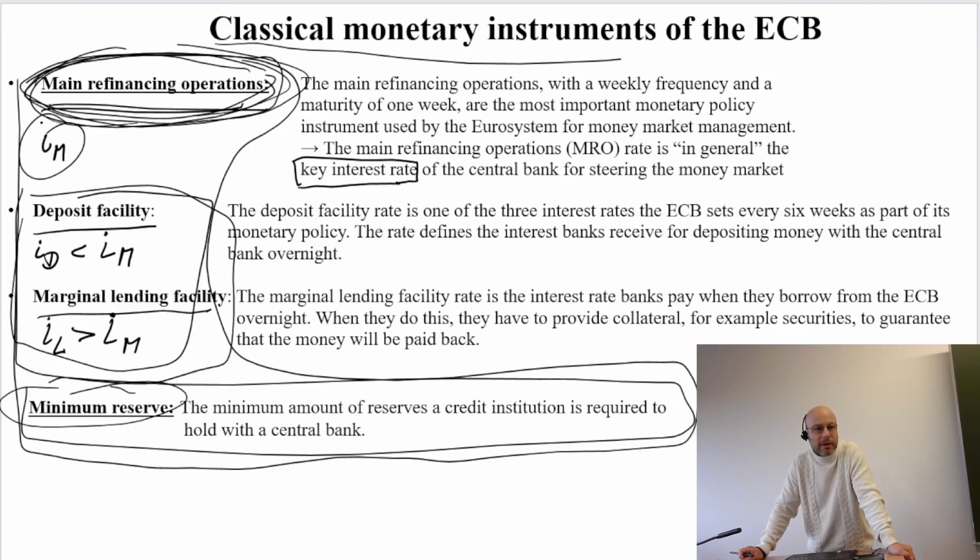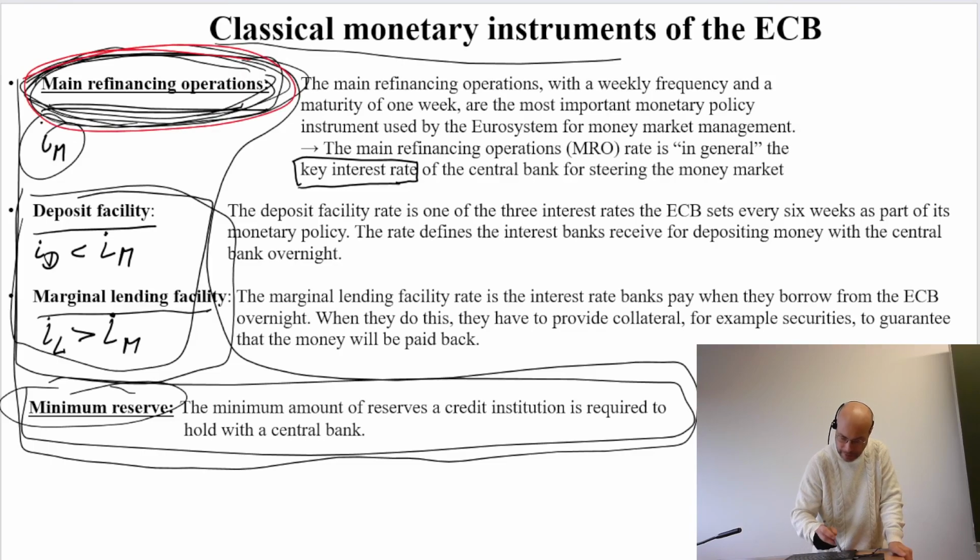Okay, then we talked about the general instruments of monetary policy. So how to achieve this goal of stable prices defined by 2% inflation? The classical key instrument are the so-called main refinancing operations.